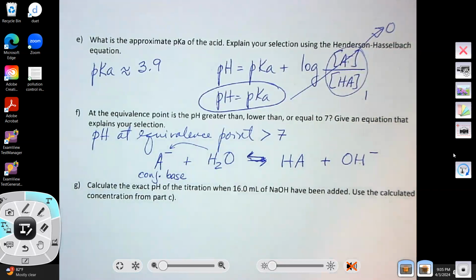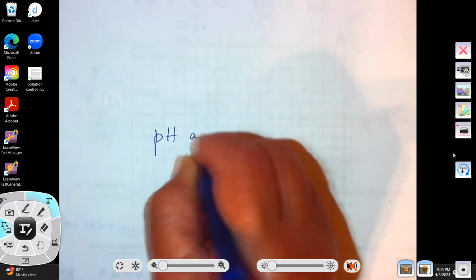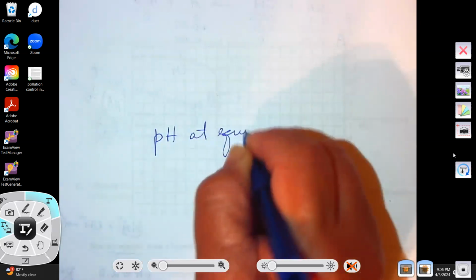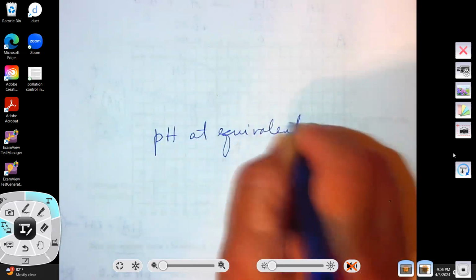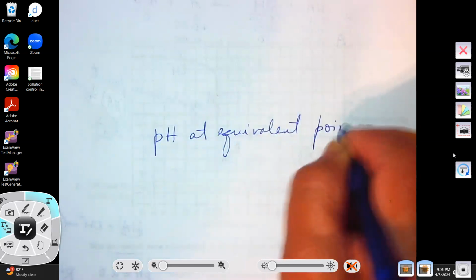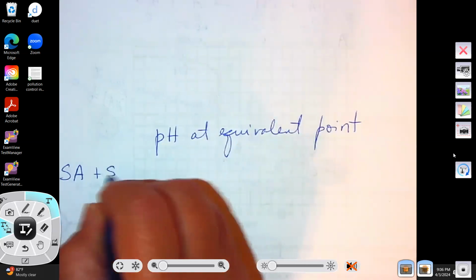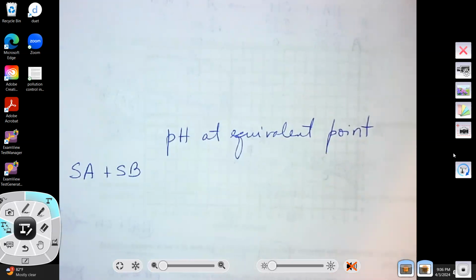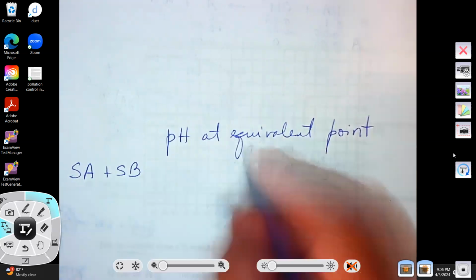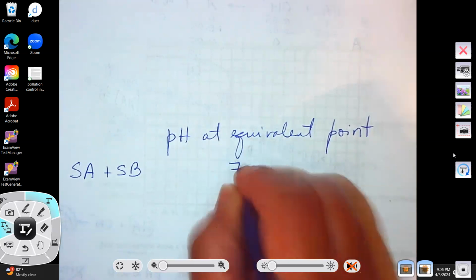All right, so I'm going to use this opportunity to talk about the pH at the equivalence point for a reaction between a strong acid with a strong base. The pH at the equivalence point of a strong acid with a strong base is always 7.